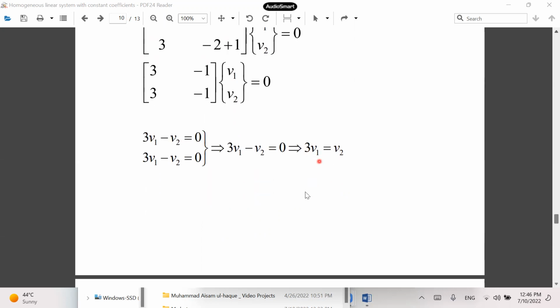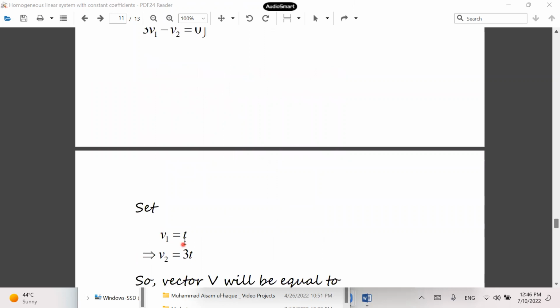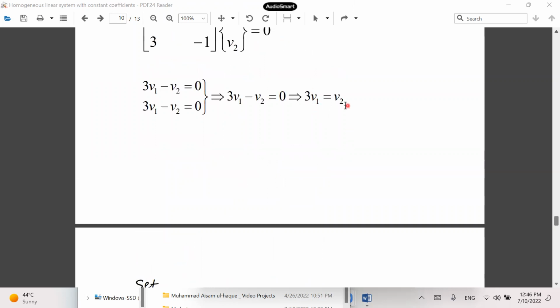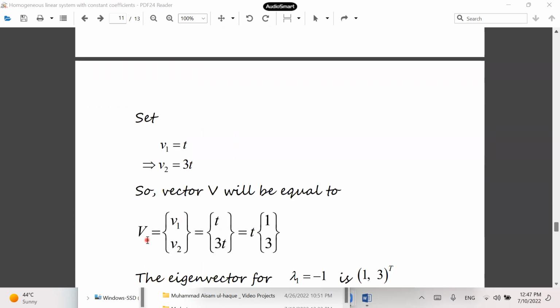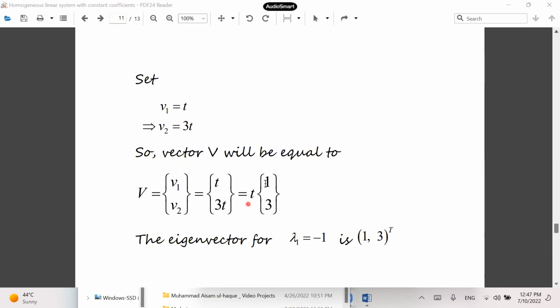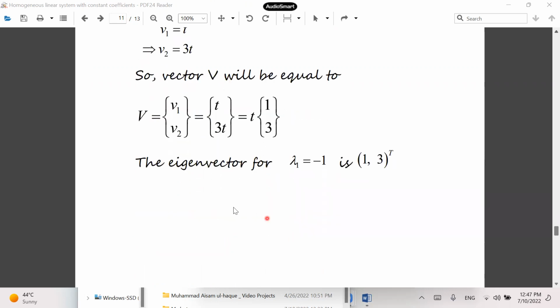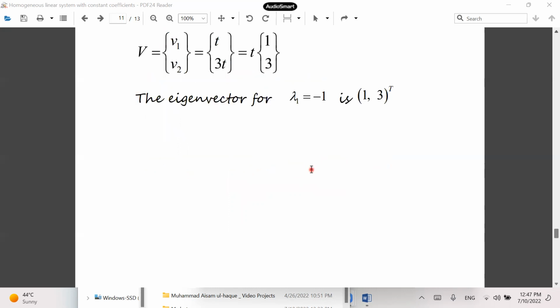And suppose that v1 is t. If v1 is t, then v2 will be equal to 3t. Now substitute them in the vector v. So we get the required vector v equals to t into 1 and 3. So this is the required eigenvector corresponding to the eigenvalue lambda 1 equals to minus 1.